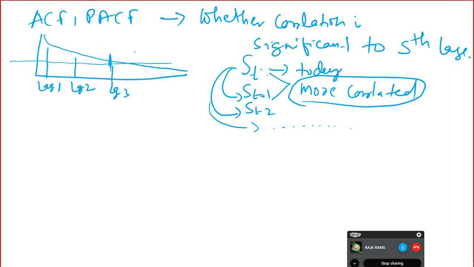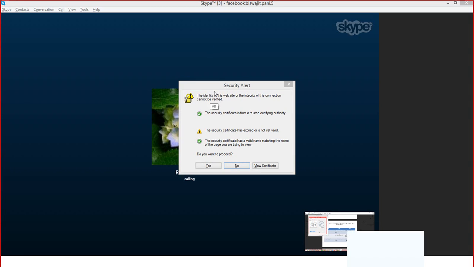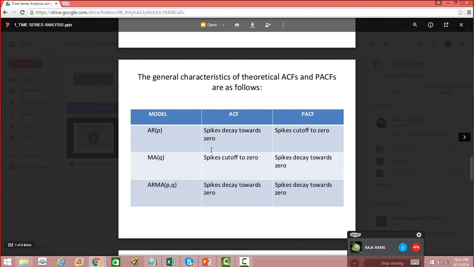Okay, let's look at this particular thing. We have the ACF and PACF. The ACF for an AR model spikes decay towards zero, so it's a slow decay, and the PACF cuts off at zero.